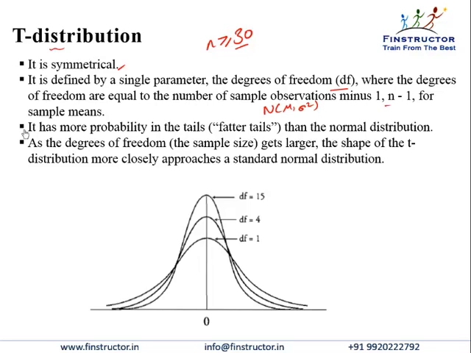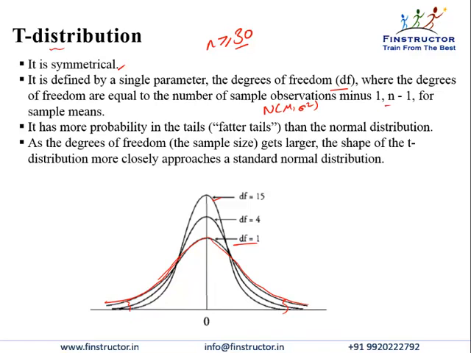So the t distribution has fatter tails as compared to the normal distribution. So if df was the normal distribution, df1 would be the t distribution. So t distribution has fatter tails than a normal distribution, or more probabilities in the extremes.